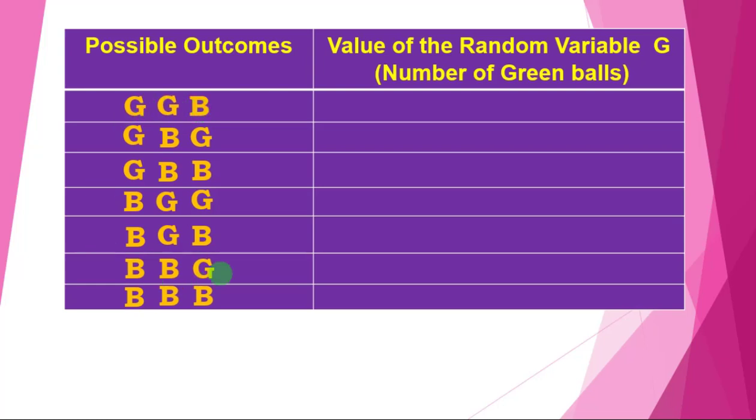So we are sure that these 7 possible outcomes are the elements of the sample space in the experiment of drawing a green or a black ball. For the value, how many green balls are in each element: 2 Gs, 1 G, 1 G, 2 Gs, 1 G, 1 G, 0 G. So these are the values of the random variable G in this given experiment.